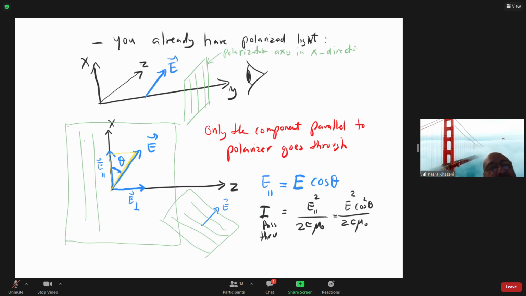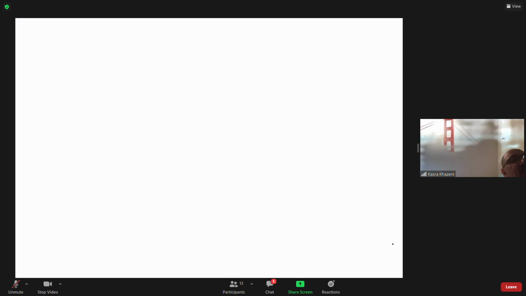Or I can write this as E squared over 2c mu naught times cosine squared of theta. But this thing in parentheses is just the intensity of the light before it goes through the polarizer. This is the original. So now you can see that what goes through is equal to the original intensity times cosine squared of theta.